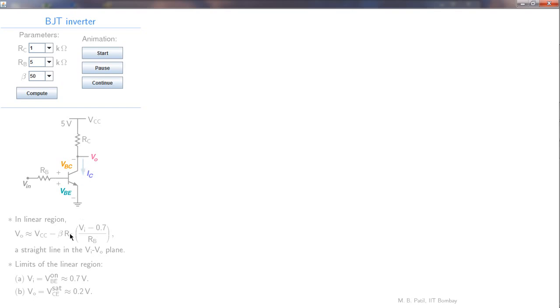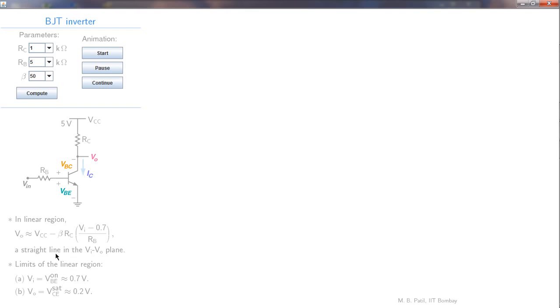So we get RC times beta times IB here. And IB is approximately VI minus 0.7, because VBE is approximately 0.7, divided by RB. And this is a straight line in the VI-VO plane because VI comes with a constant coefficient here.